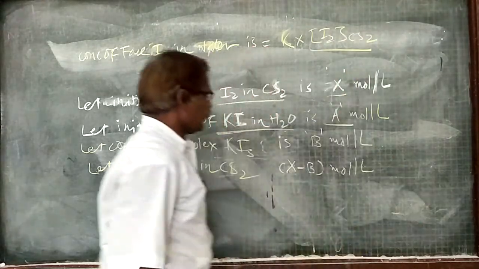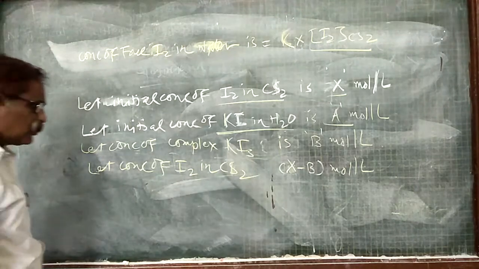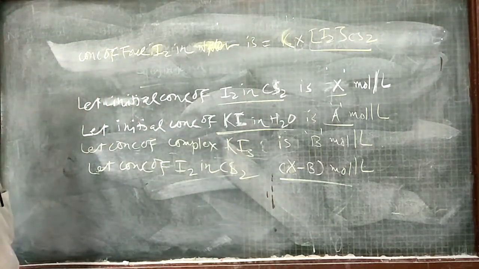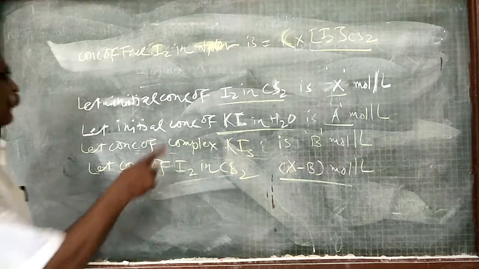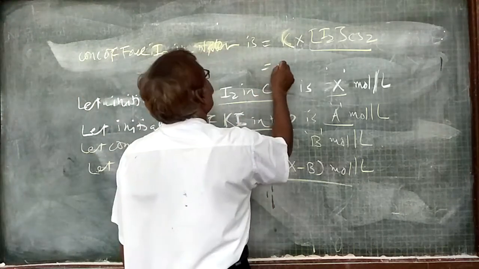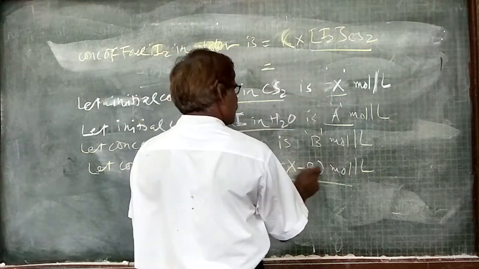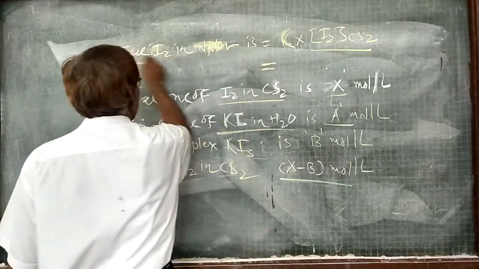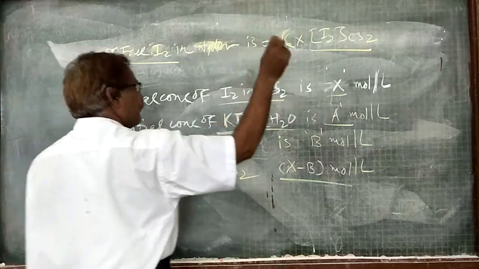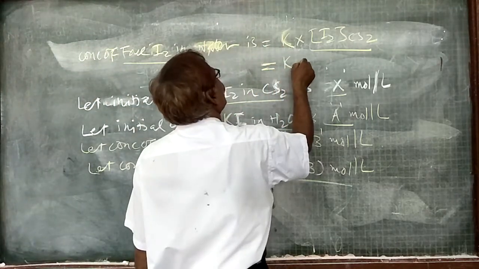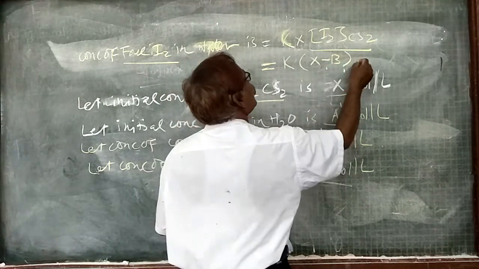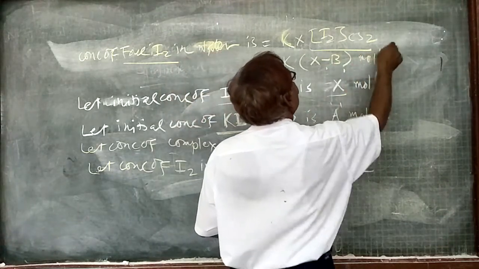And what is the concentration of iodine in CS2? We have seen the concentration of iodine in carbon disulfide in this case is equal to X minus B. So the concentration of free iodine in water at equilibrium is equal to K into X minus B moles per liter.